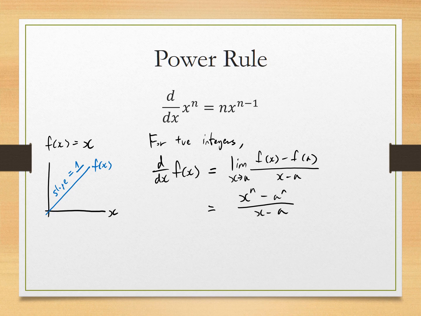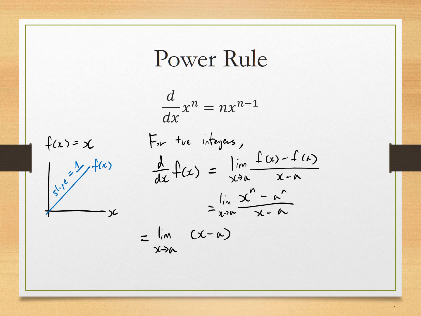Now what do we do? Well, there's one thing you can do because you can actually factorize x^n minus a^n into two parts. I need a bit more space, so I'm going to push it further out.